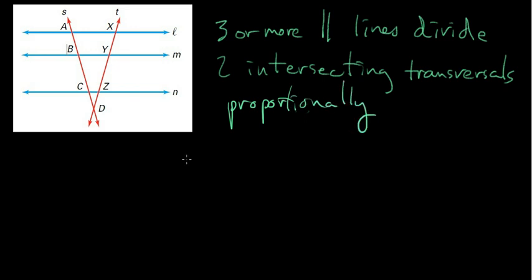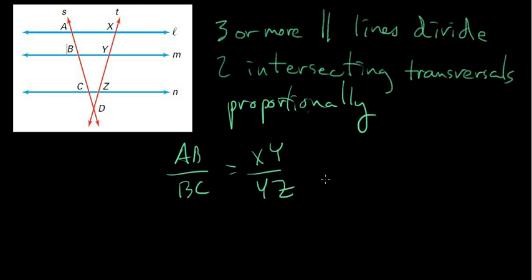And what that means is AB over BC equals XY over YZ. And of course, if you think about it, it's just like before, when we had a triangle. Just like we had two triangles, it's very similar. That's why we call it a corollary, very similar to the other thing that we talked about.